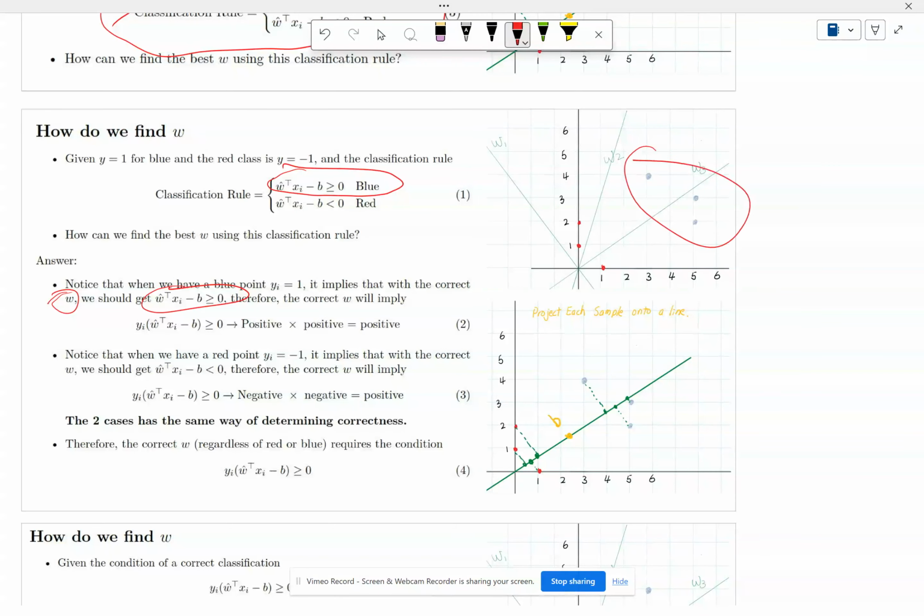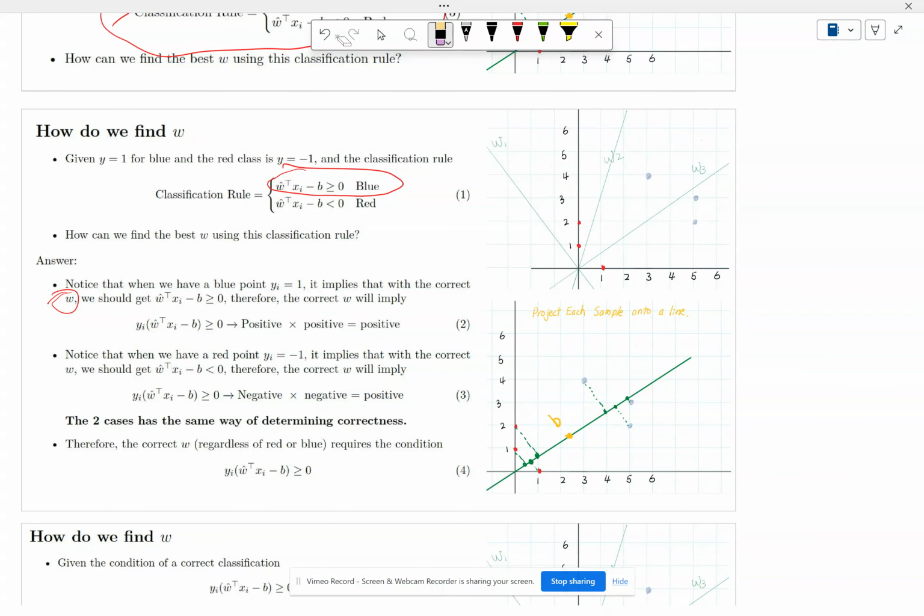That's what blue implies. Therefore, with the correct w, this value, greater than 0, multiplied by 1 should be greater than 0. Because if it's blue, y is going to be 1. So this should be a positive value, and a positive value times 1 will give us a positive value.